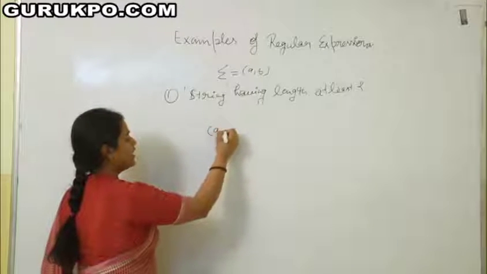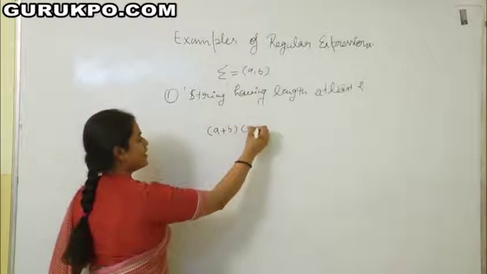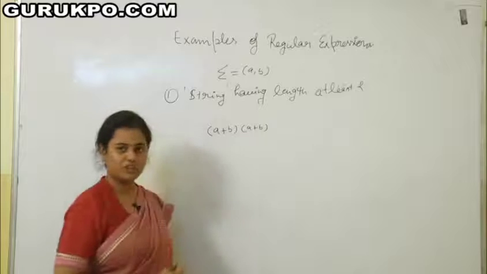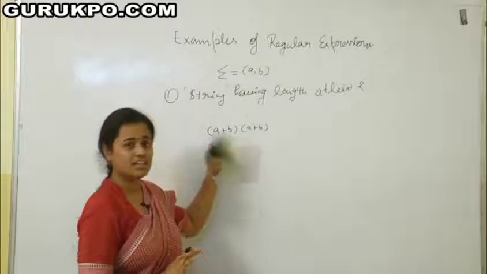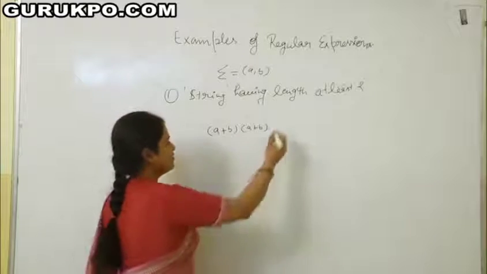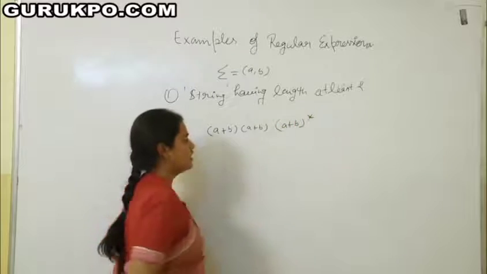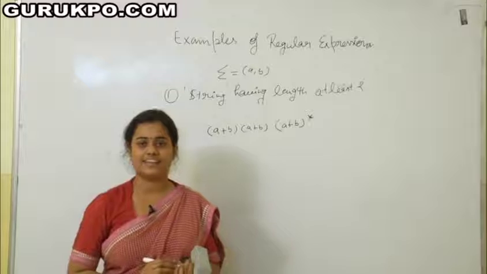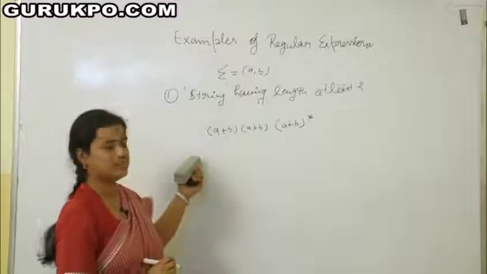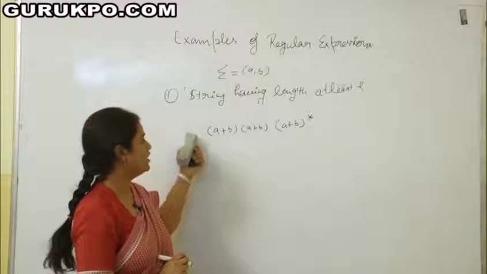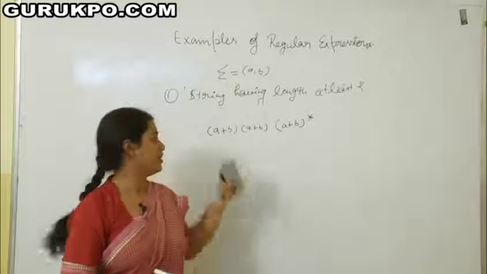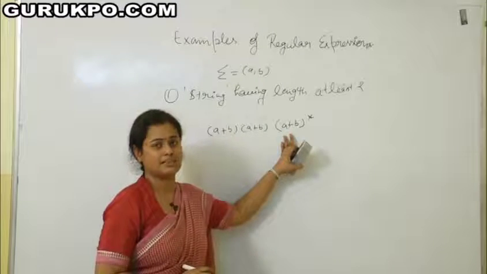For 2 we have generated this. Now for more than this we can write it like this. This part will have exactly 2 elements in it. A string having length at least 2 can be recognized by this expression.